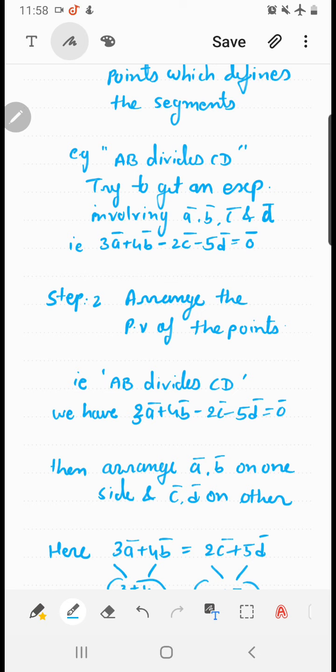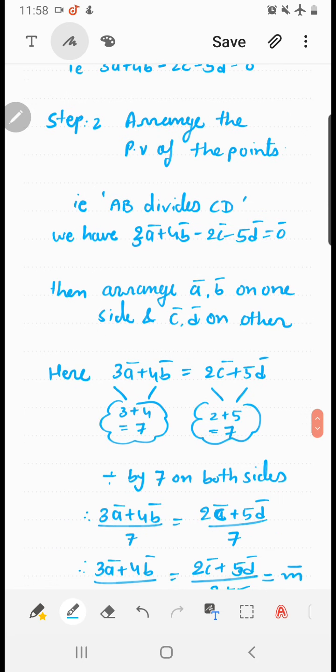Suppose in the same sum, I say AC divides BD. If I see this, then can I say I should group A bar and C bar on one side and B bar and D bar on the other? So basically it depends upon which segment you are talking about. Right now we are talking of AB on one side and CD on the other.